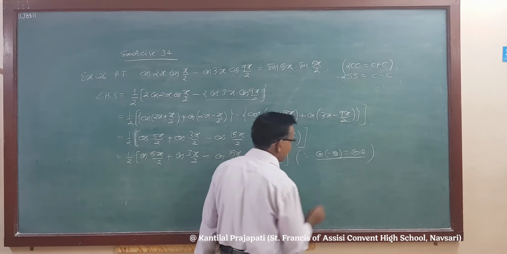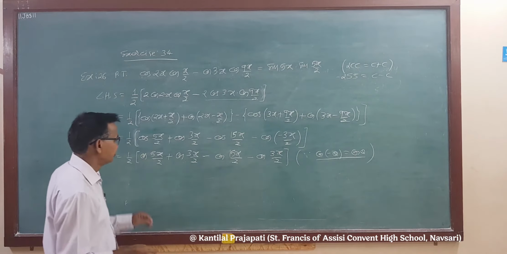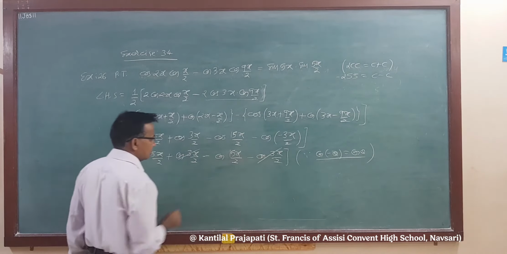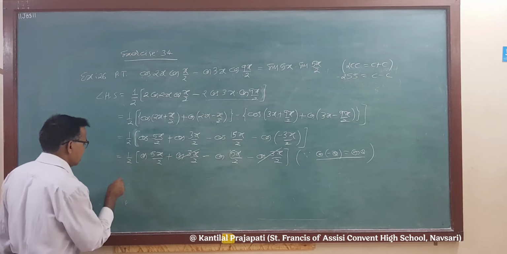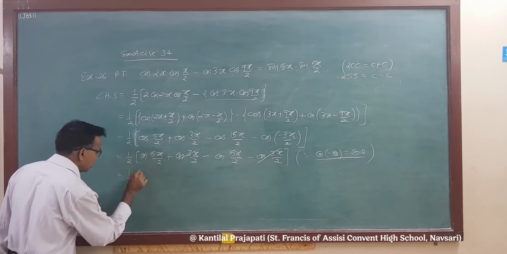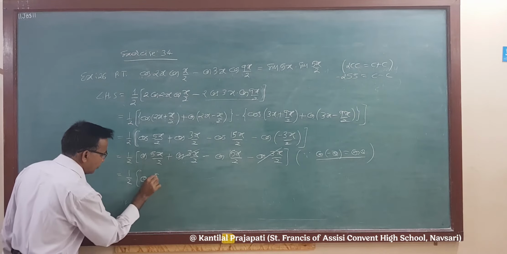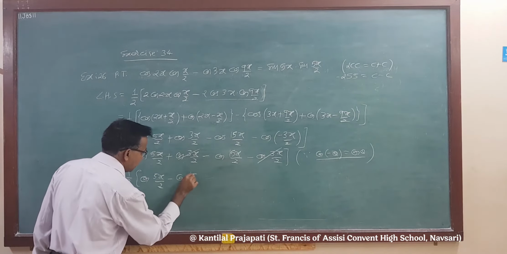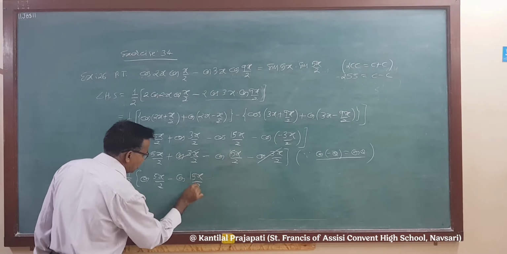Remember this, we have written earlier. Now simplify this: like terms cancel, cos 3x by 2 cancels, and we remain with 1 upon 2 [cos 5x/2 minus cos 15x/2].